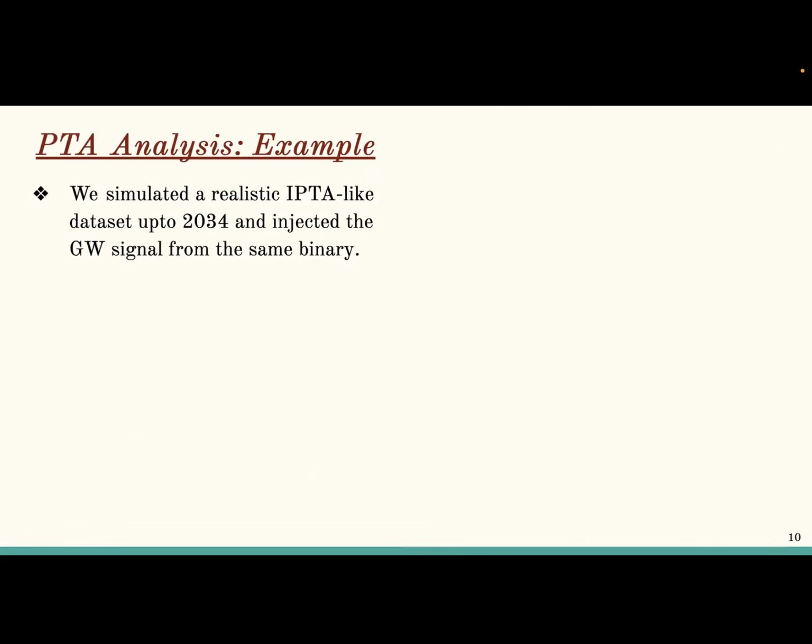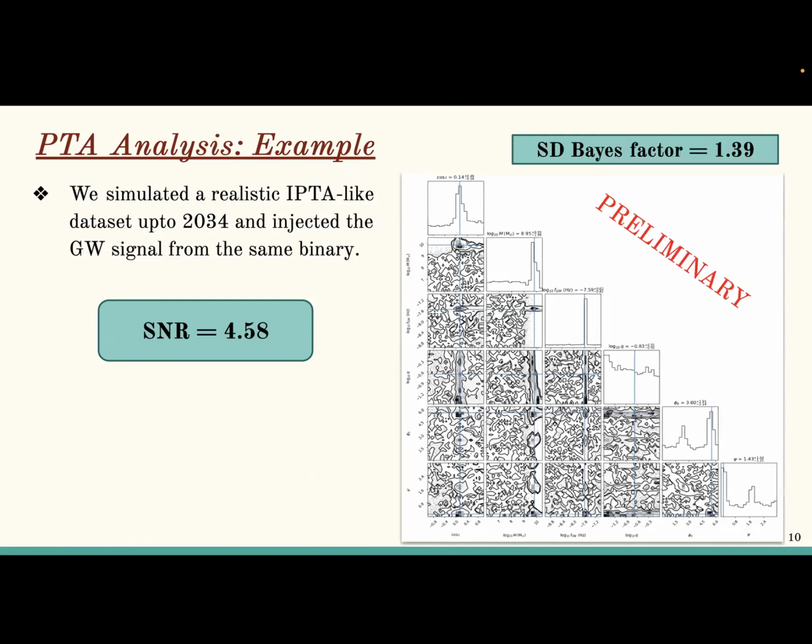Next, we simulated very realistic PTA data, which goes up to year 2034, and then injected the gravitational wave signal from the same binary, using the same binary parameters. Then we tried to detect the binary using just the PTA data from the gravitational waves. It turns out with that kind of binary parameters, the SNR for the gravitational signal is around 4.58, which is not very high.